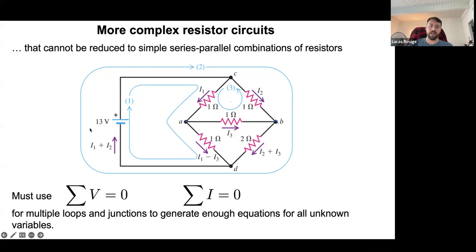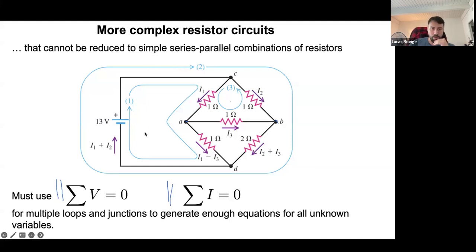In that case, we are in a slightly more complex situation, and we have to rely on a combination of the Kirchhoff laws, the loop rule and the junction rule, to get the overall current.